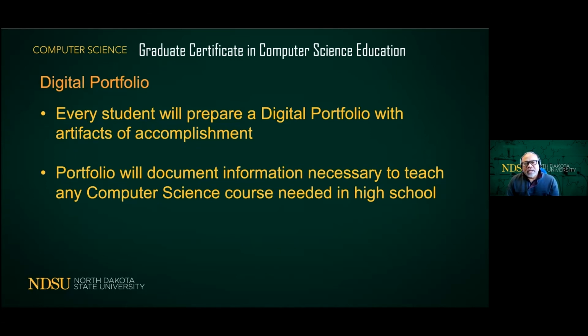So let's say they decide to teach AP Computer Science. The idea of the digital portfolio is to create all the course material, starting with the syllabus, and then followed by assignments and exams for teaching that particular course in their school.